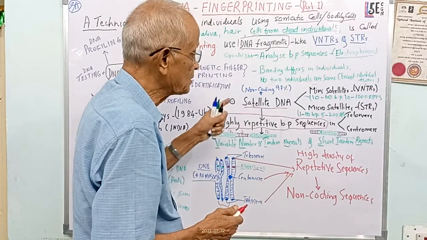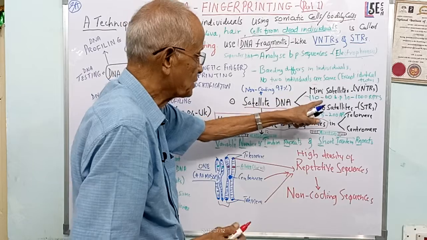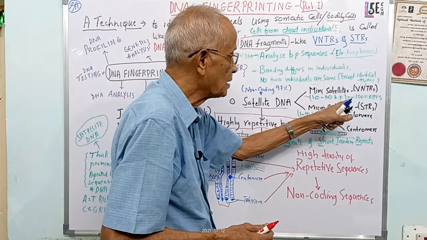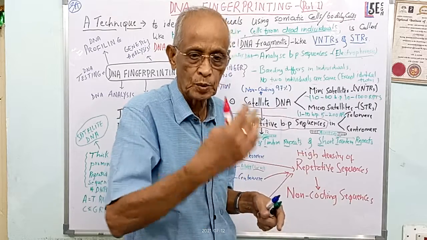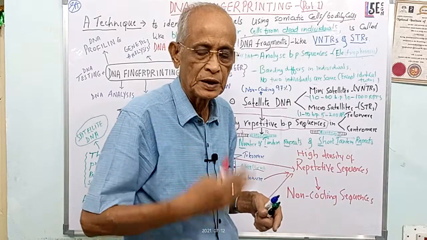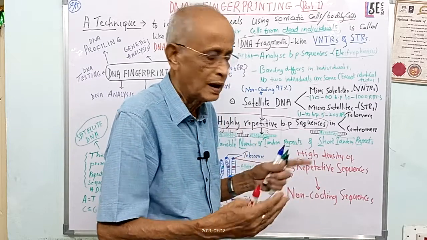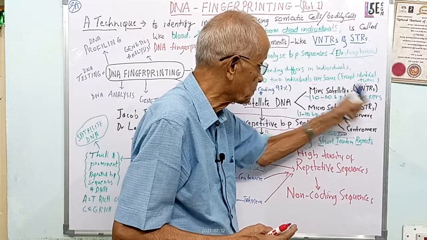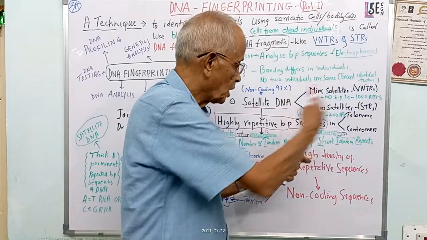If it is more than 10 repeats, it's called minisatellite, and such repeats will be 10 to 1000 repeats in a chromosome. So in a segment, if the repeats of that unit will be more than 10 and up to 1000 repeat units, it's called VNTRs, that is the short form.